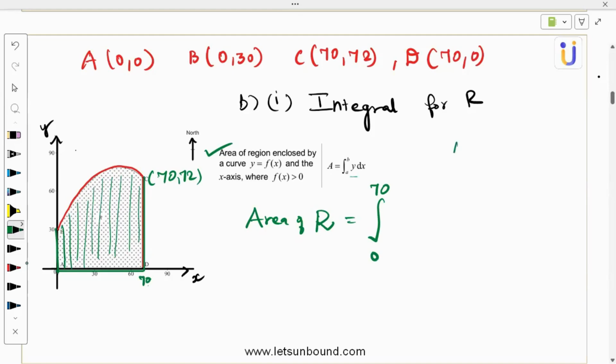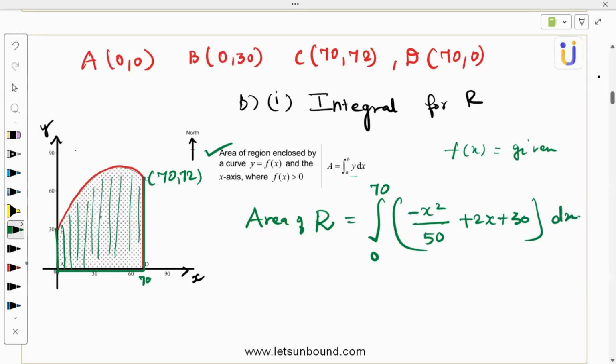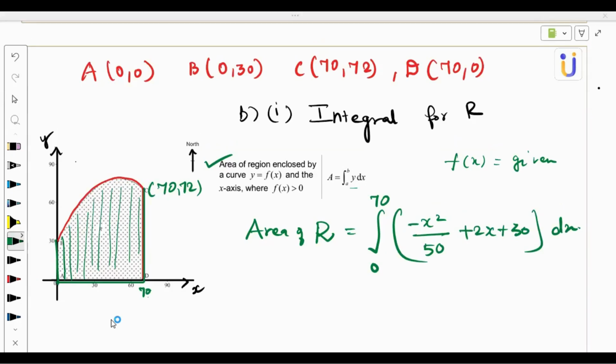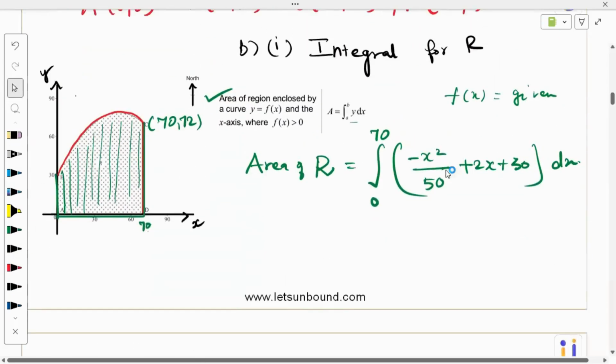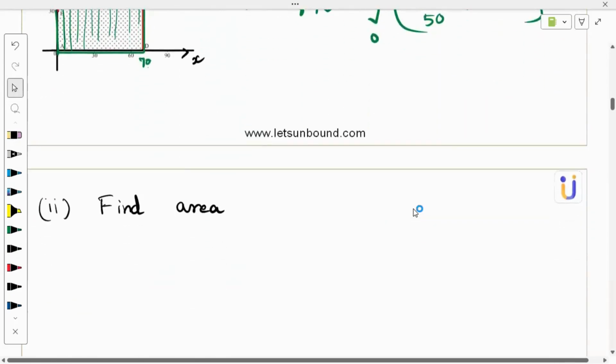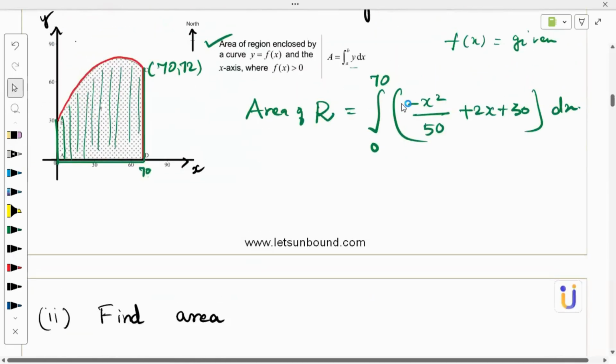We have y, which is nothing but f of x, which is given: minus x squared by 50 plus 2x plus 30, and most importantly dx. So we have to write down the integral to find the area of the shaded region, the area of the field. Okay, we have the integral, so we can just use the calculator and solve for this. Right, now moving to the calculator page to find the area.